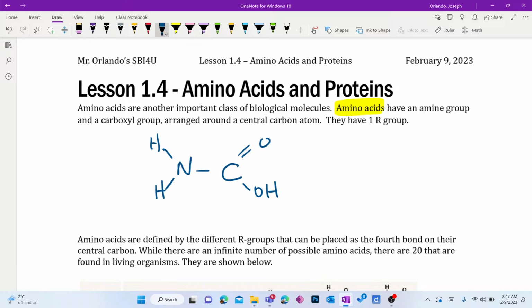No. So the carboxylic acid can't be on that one. So what do we need? Another carbon. And this is a carboxylic acid. And quickly remind me, what's a carboxylic acid or a carboxyl group? Double bond to oxygen and a bond to OH. Very good. Just like that.